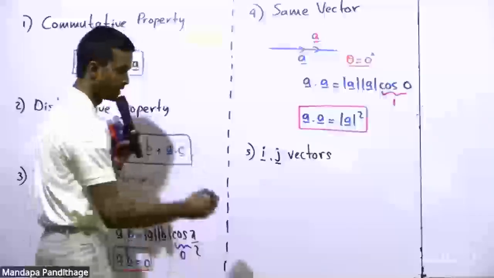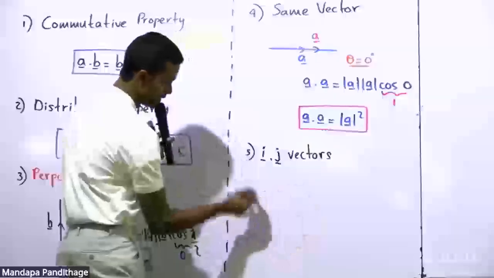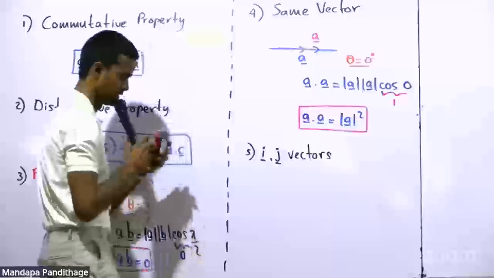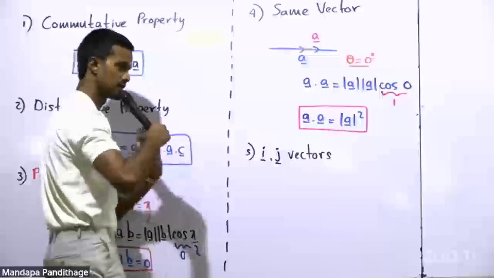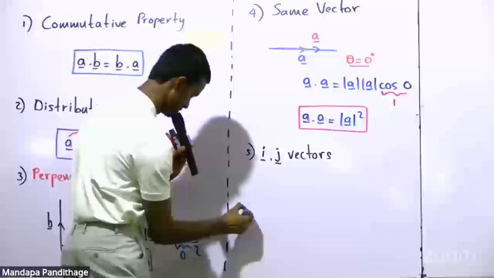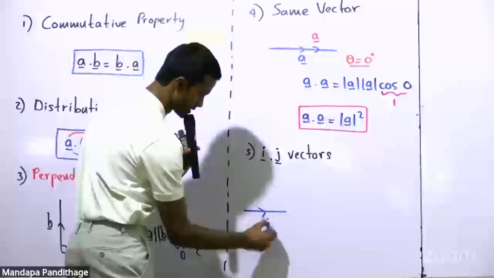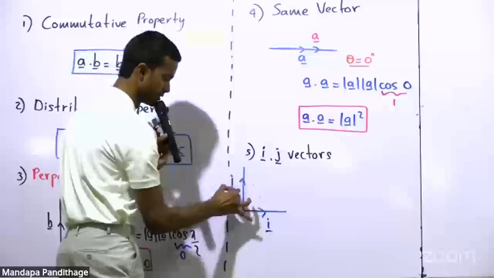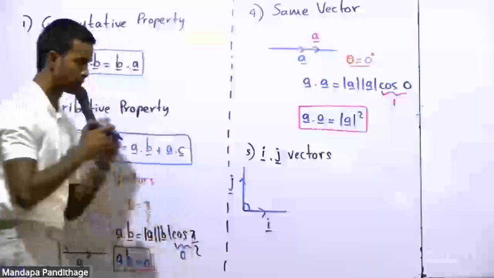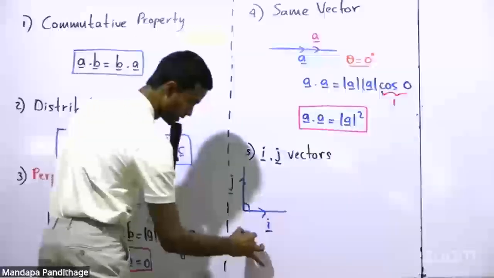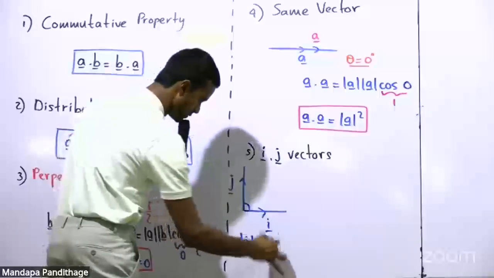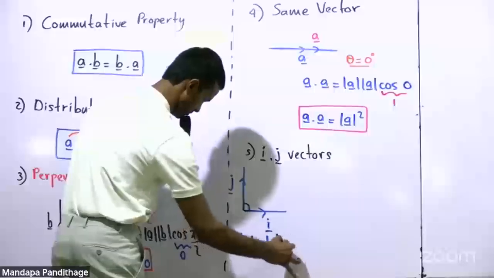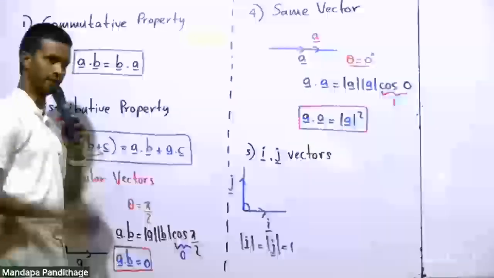Okay, so what are i and j vectors? i and j vectors are unit vectors in the horizontal direction and vertical direction. And I know those are unit vectors. So unit vectors means modulus i is equal to modulus j is equal to 1.